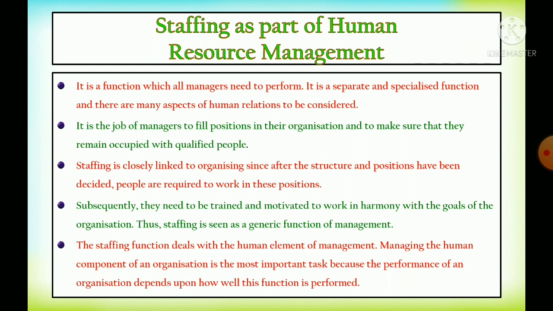So, the staffing function only deals with the human elements in the organization, and it is one of the most important functions dealing with human resources. The organization depends on how the staffing function is performed, so for that reason, they have to perform it in a better way for the organization to succeed.